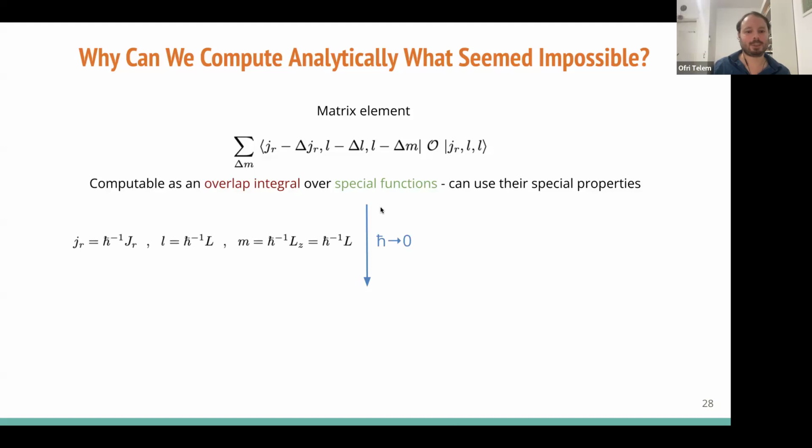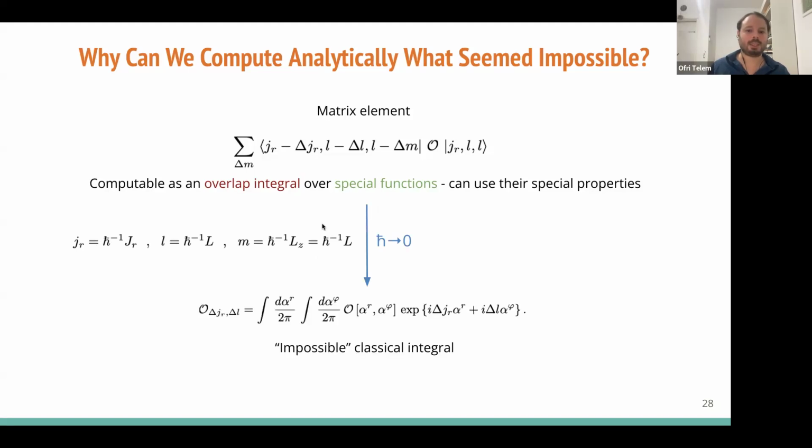And then you take the h bar to zero limit after linking the quantum numbers to their classical counterparts. That gets you to compute this inverse Fourier transform, which if you try to do it classically, you just wouldn't be able to do. This is like solving all multipoles of an antenna in E&M. It's just something that people don't know how to do analytically.